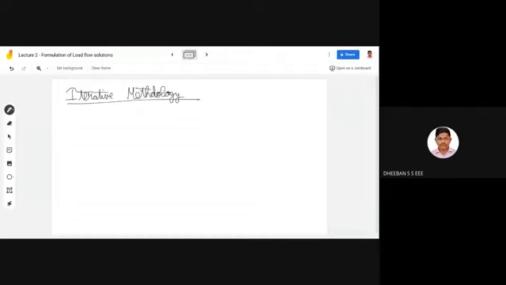First, we have already seen the admittance matrix, the performance of load flow studies in admittance form.